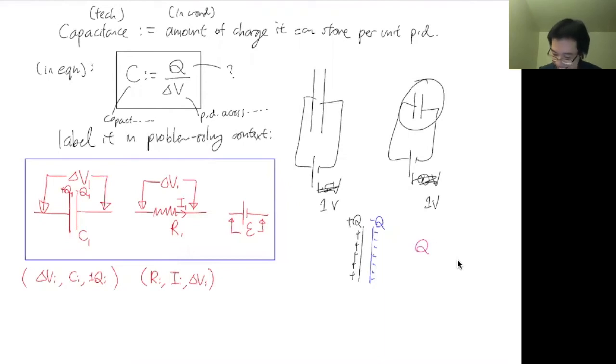So the question is, does the Q in C equals Q over delta V refer to A, the charge on the positive plate, B, the charge on the negative plate, or C, the total charge on both plates? Put that in the chat, what do you think this is? Which one of these, A, B, or C, should you plug into the formula for the definition?